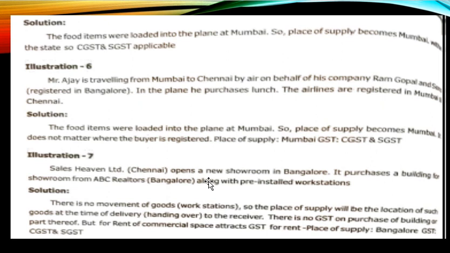If he is paying rent and occupying that commercial space, then GST will be applicable. But here he is purchasing the building itself, and the seller is also situated in Bangalore. It will be intrastate, so CGST and SGST will be applicable.